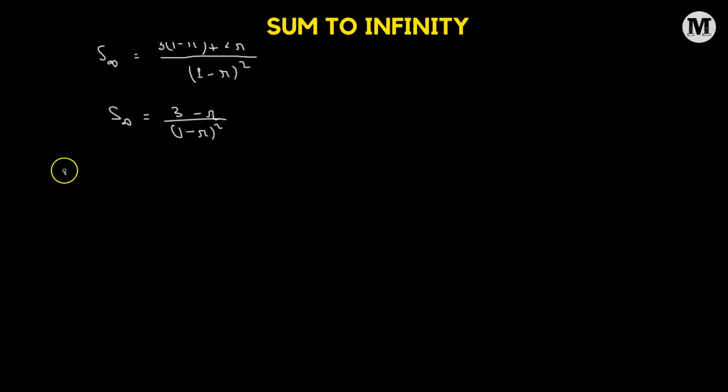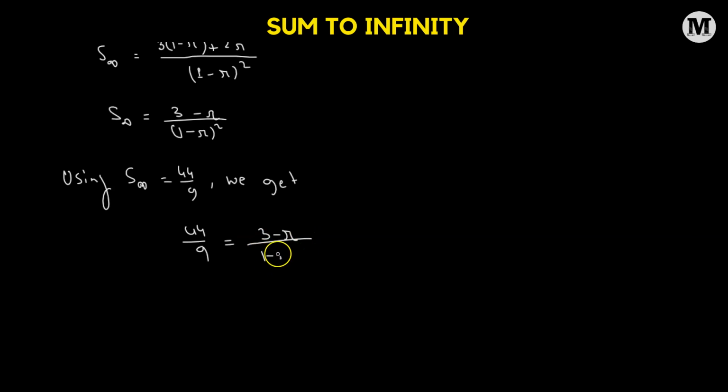Now, using the fact that the sum of the infinite terms is equal to 44 over 9, we get 44 over 9 equals 3 minus R divided by 1 minus R whole squared. So let's cross multiply. We have 1 minus R whole squared multiplied by 44, which will be equal to 9 times 3 minus R, so that's 27 minus 9R.